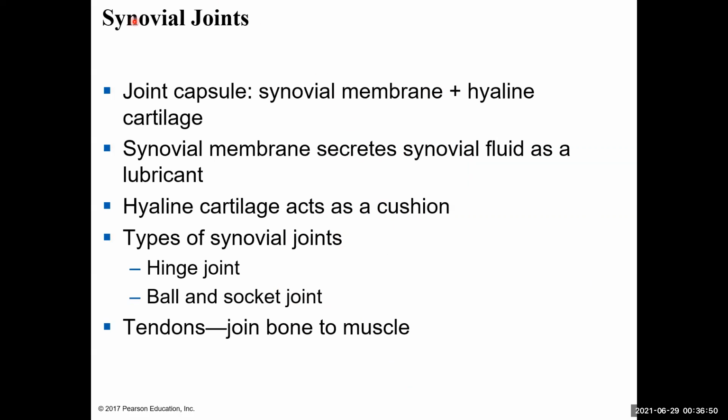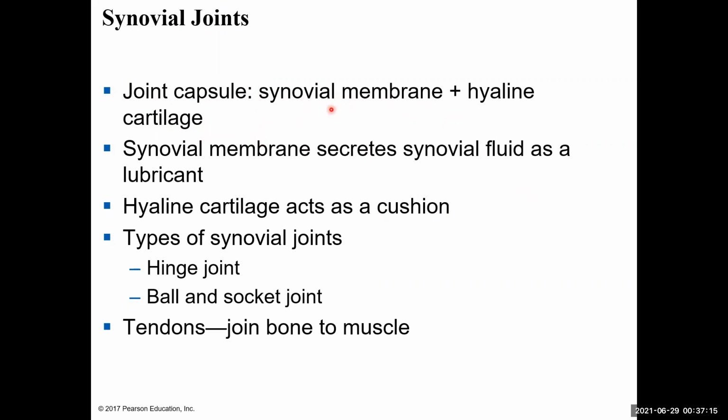Now, for synovial joints, we mentioned that these joints are the freely movable joints, and that there's this fluid-filled space in the joints. And in this kind of joint capsule, and say your knees and your elbows, for example, you have a synovial membrane and the hyaline cartilage that we mentioned in the very first video for this chapter.